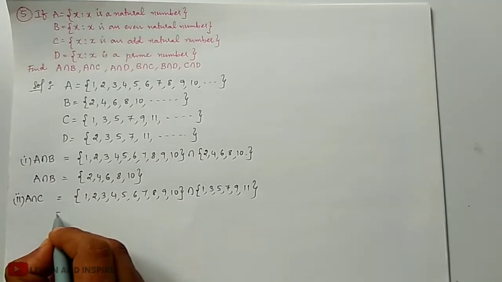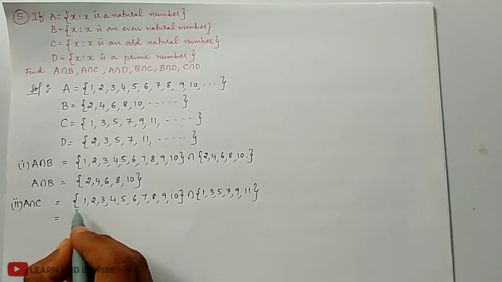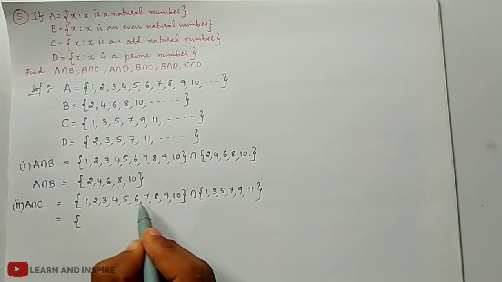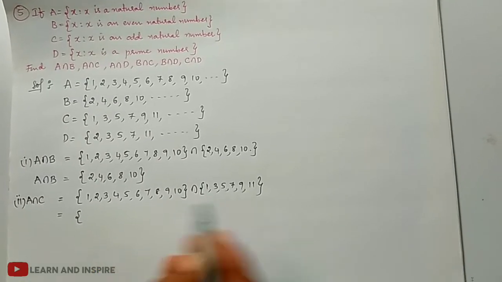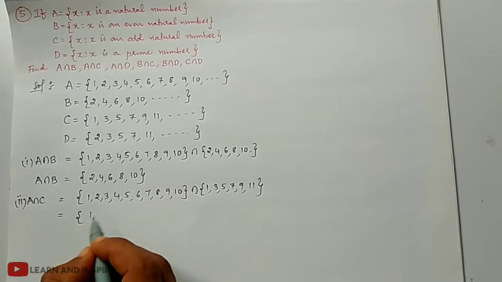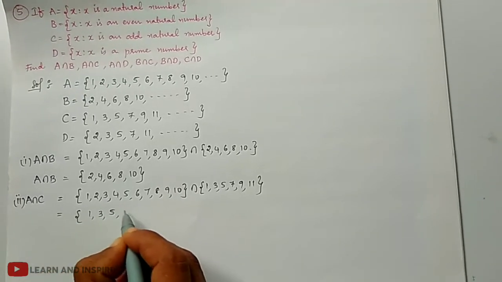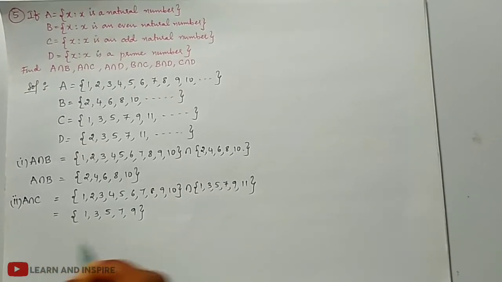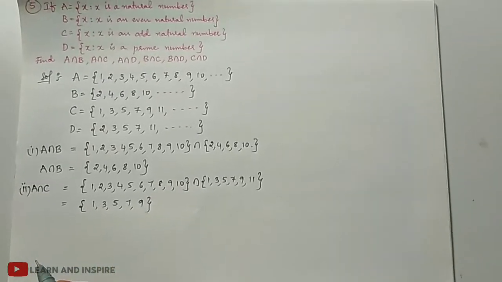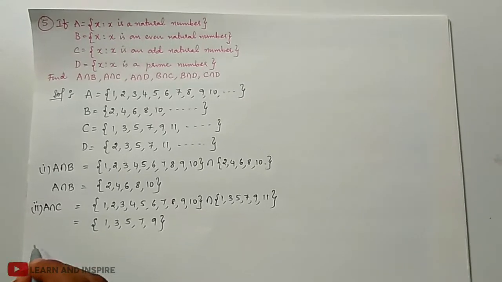What are the common elements in first and second set? 1, 3, 5, 7, 9. These are the common elements in first and second set. So 5 elements are repeating in first and second set. So this is the second one.